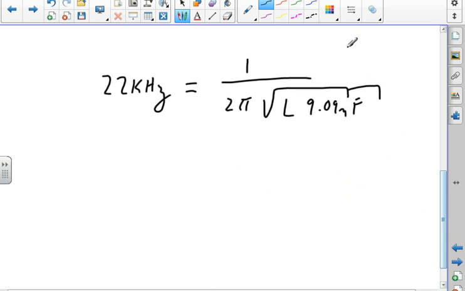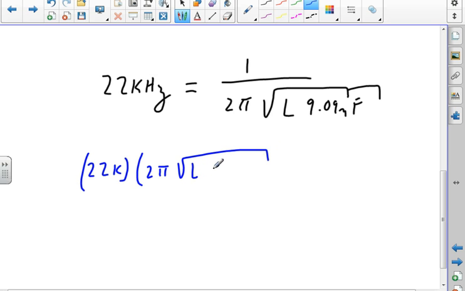Okay, I'm going to cross multiply: 22K, 2 pi square root of L, 9.09 nanofarads is equal to 1. And then I'm going to square both sides.